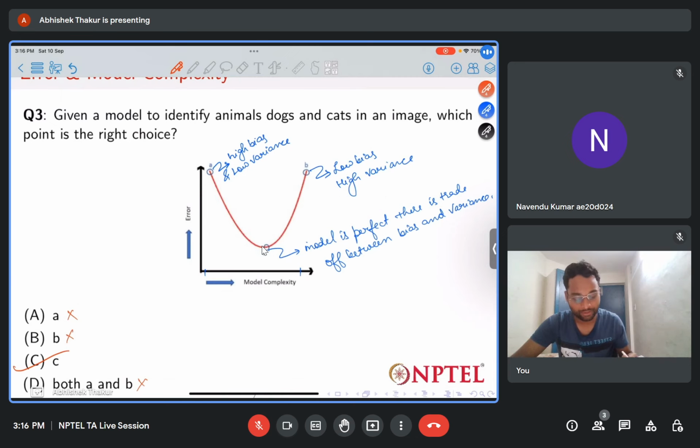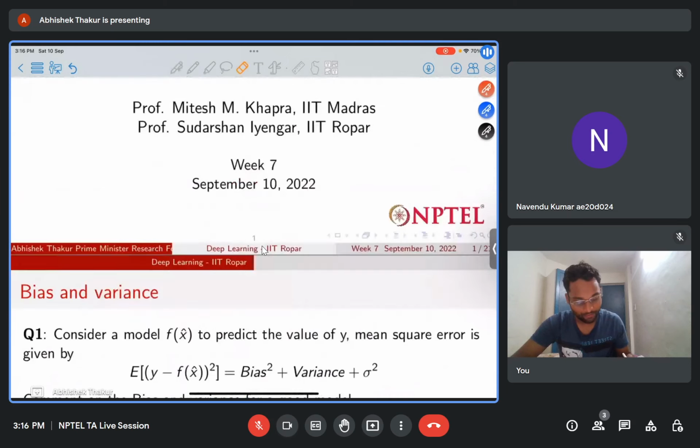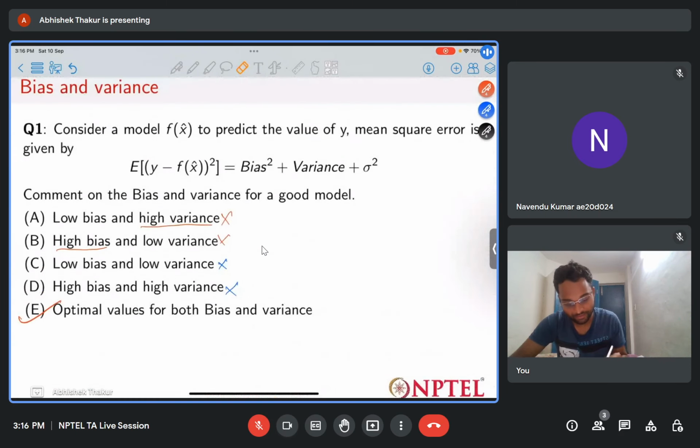Any doubt in this question? Like why are we taking both bias and variance into consideration? Because you see, this mean squared error depends on bias and variance.